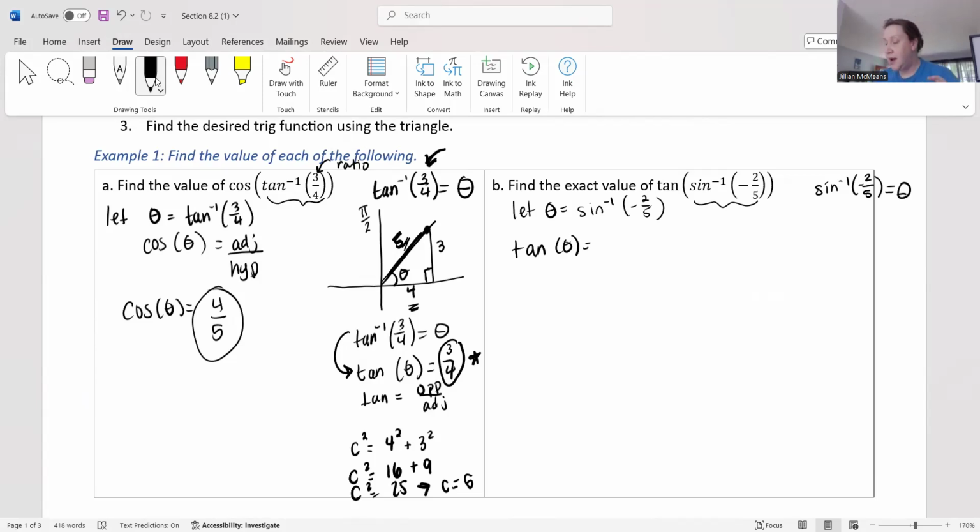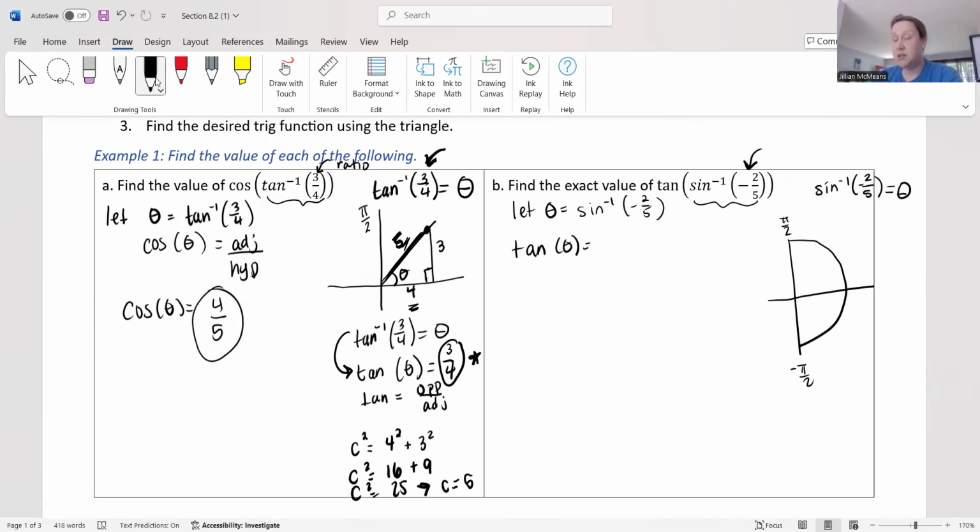All right. Now I know that inverse sine is limited to -pi/2 to +pi/2, which on the unit circle puts me in either quadrant 1 or quadrant 4. Well, this ratio for inverse sine is negative.